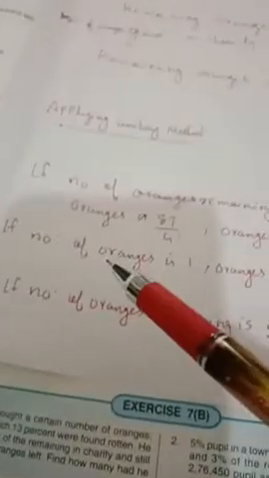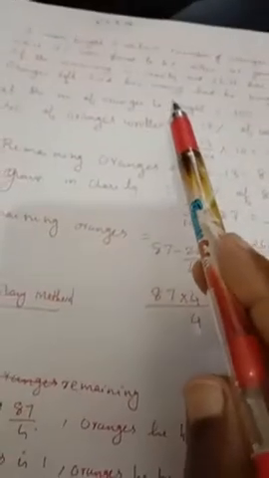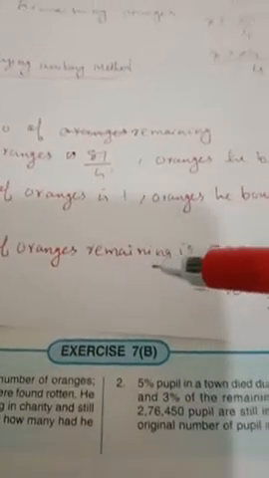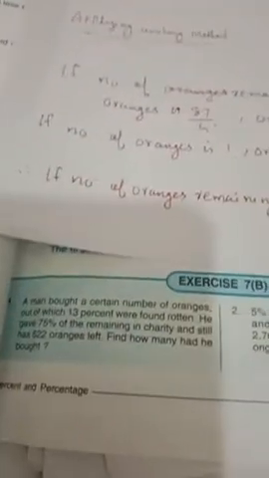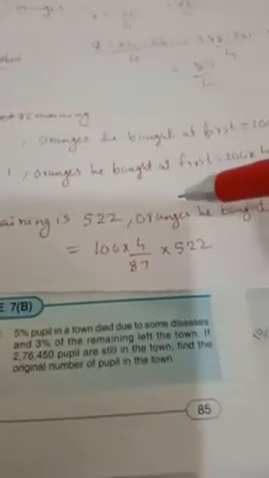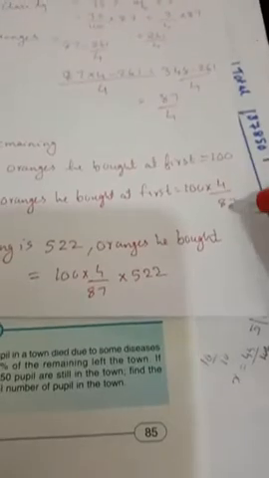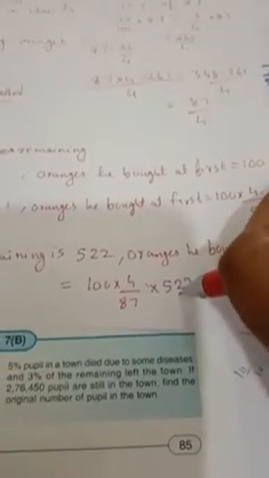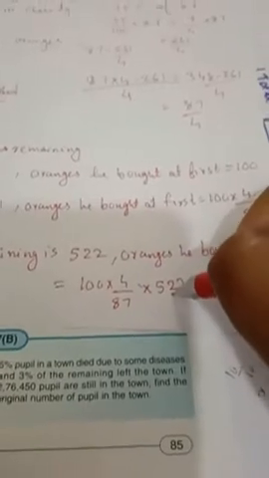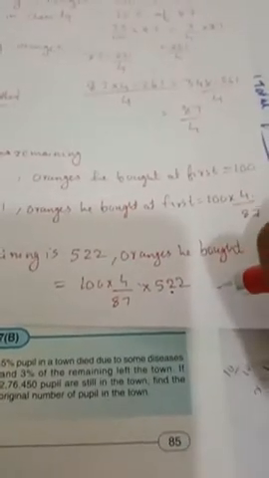Then in the question it is given that the number of remaining oranges is 522. So if the remaining oranges is 522, then oranges he bought is equal to 100 into 4 by 87 into 522. Next we want to find for 522, so multiply with 522.